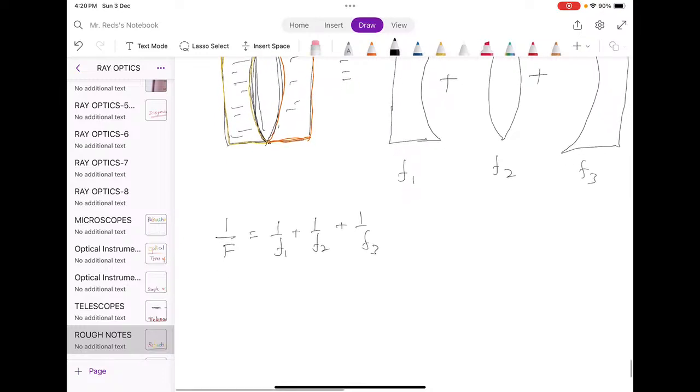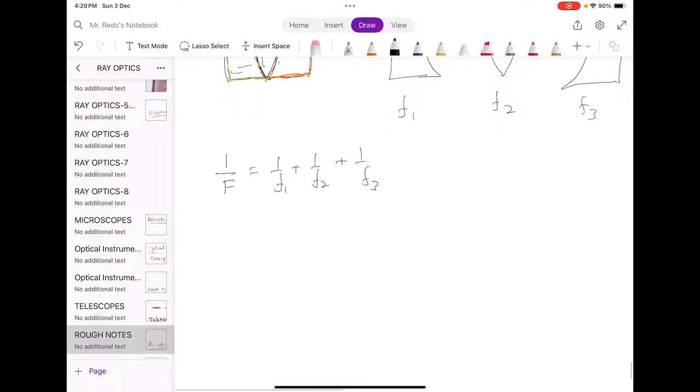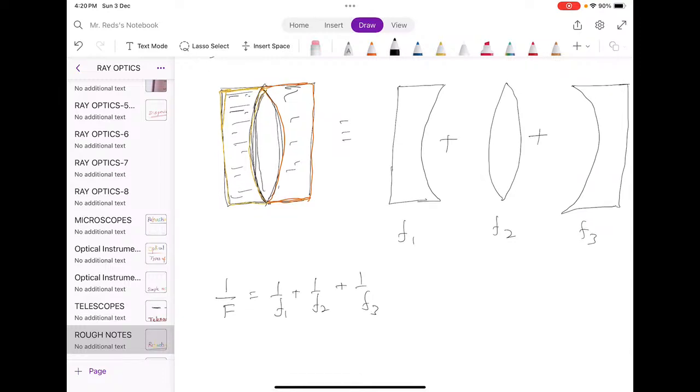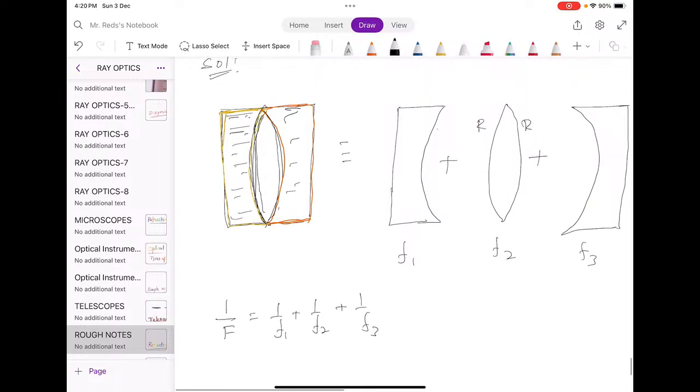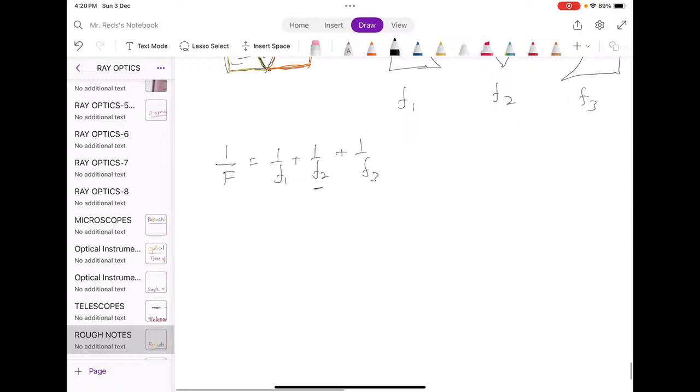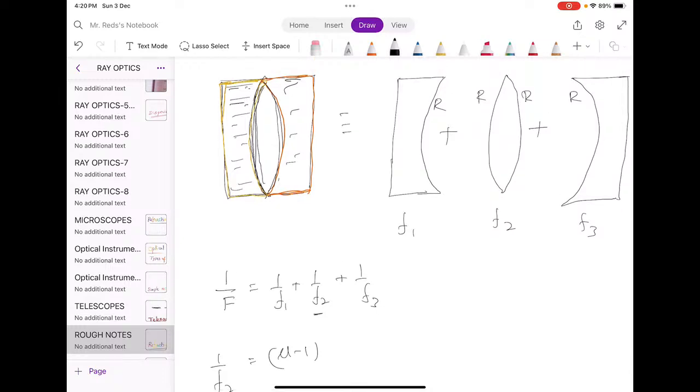Here the lens is in air and its focal length is 20 centimeters, so these are equiconvex lenses. The radii of curvature are r and r, the same on both sides. For the convex part, 1 by f2 is equal to mu minus 1 into 1 by r minus of minus 1 by r, taking r1 equal to plus r and r2 equal to minus r.